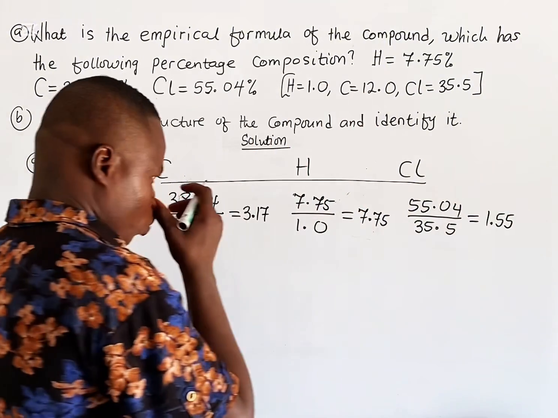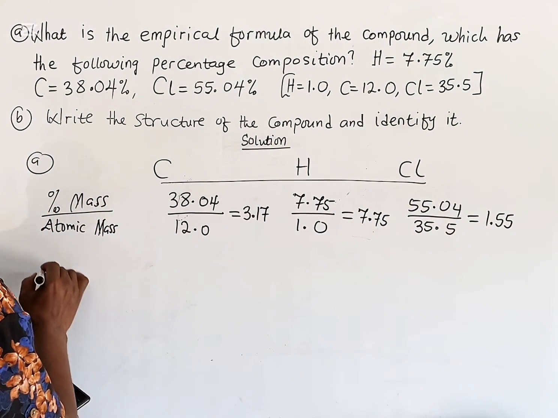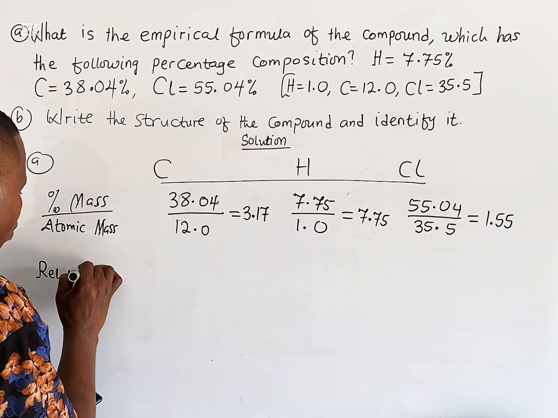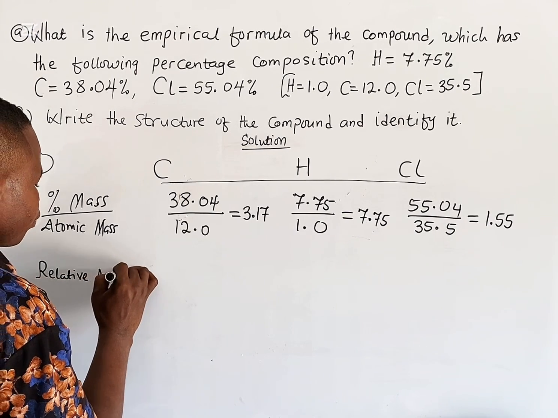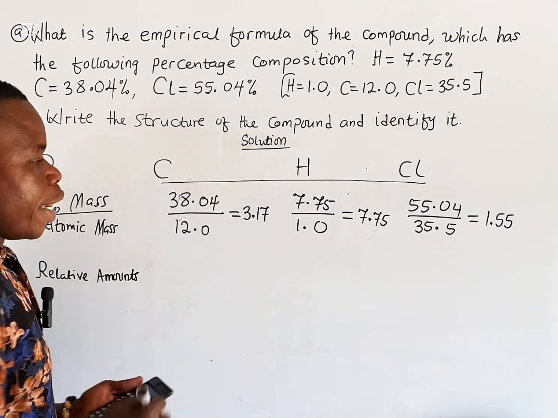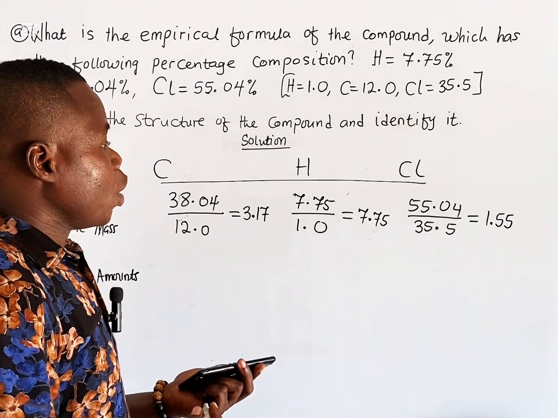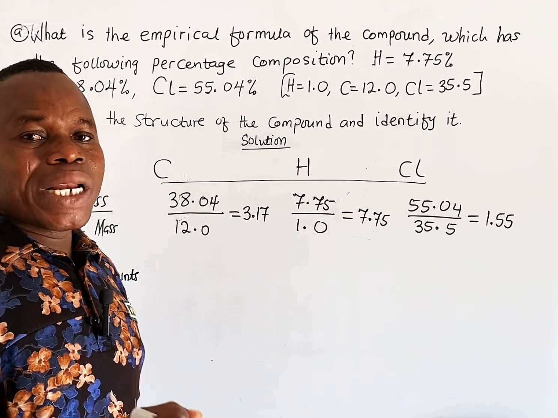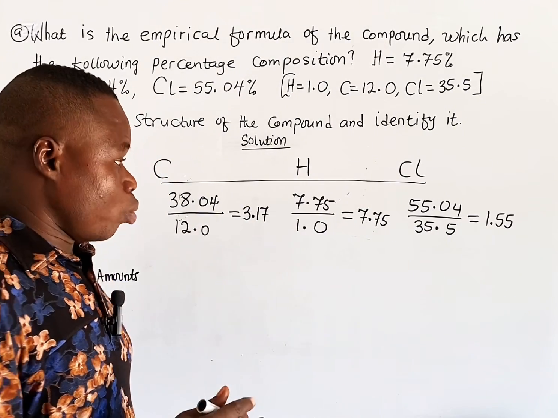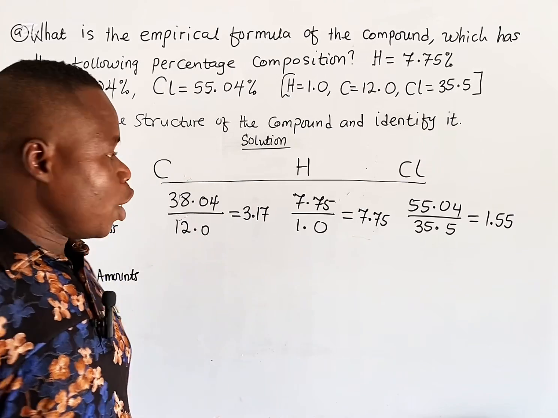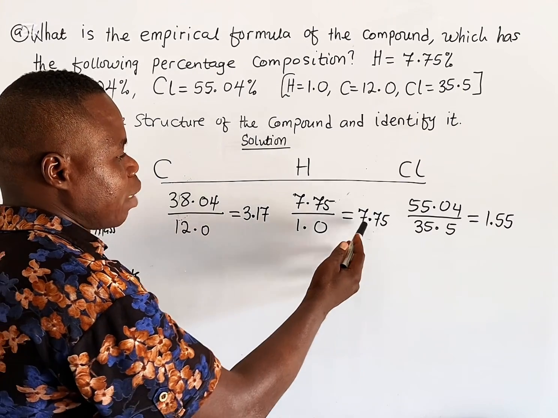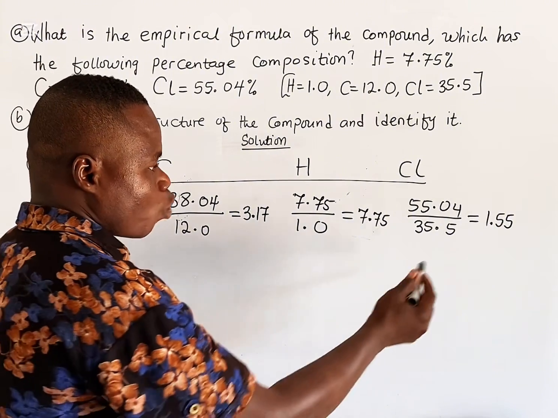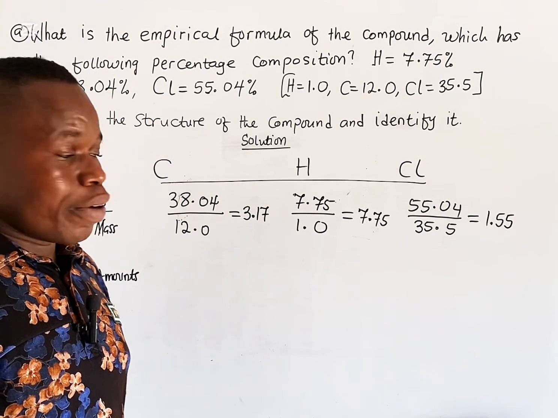After getting these values, I will now find something that we call relative amounts. Relative amounts means you look out for these values and take the smallest value and then divide by each of these. So comparing 3.17, 7.75, and 1.55, you see that 1.55 is the smallest value.